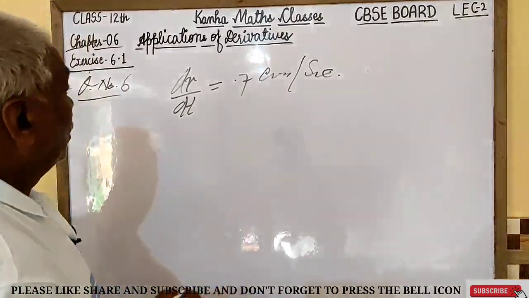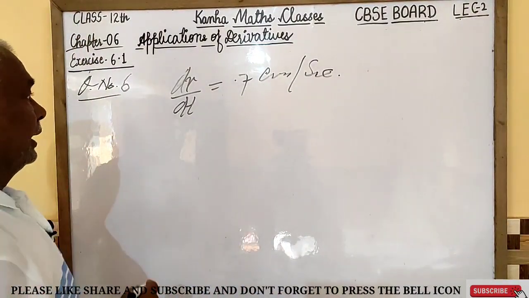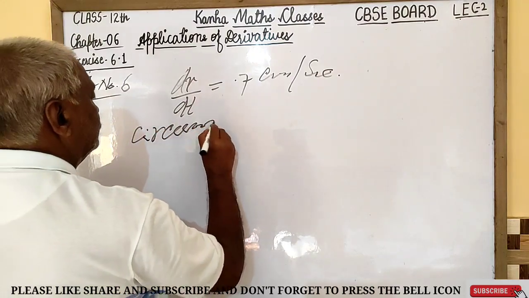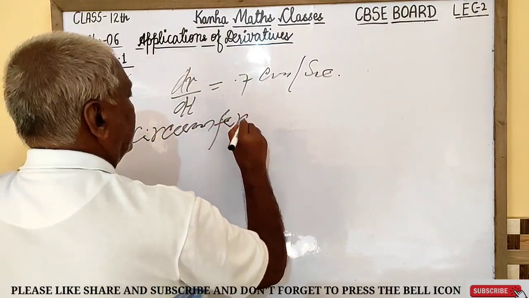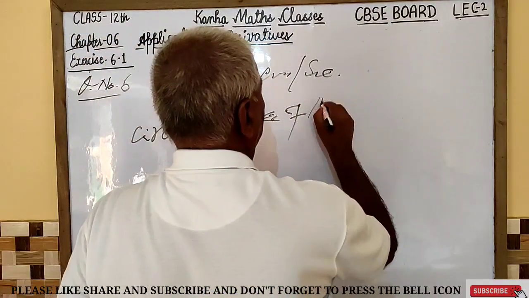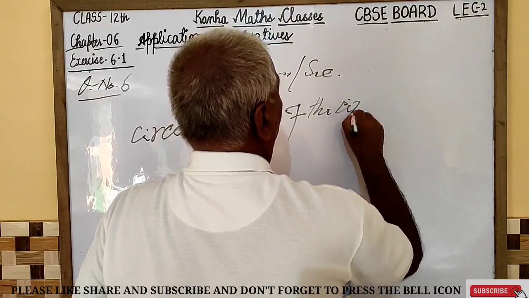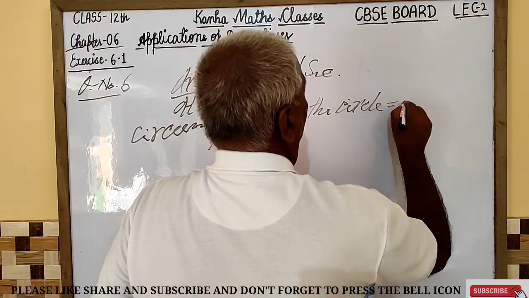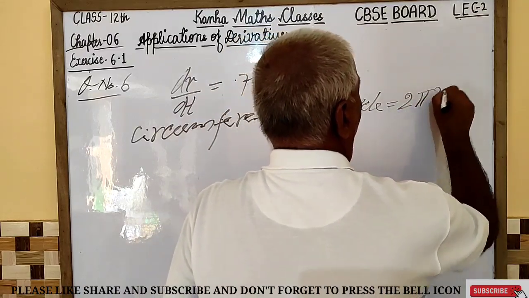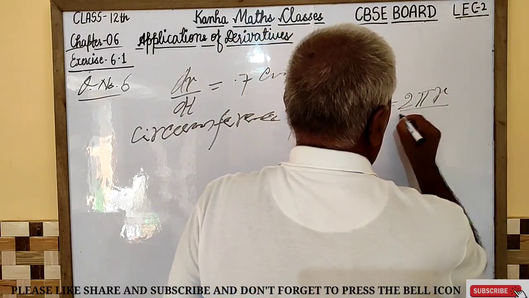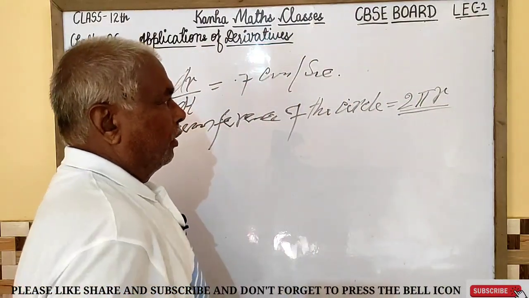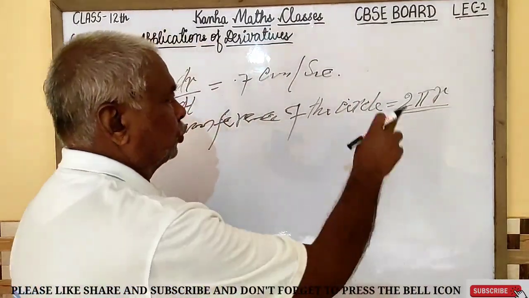So you know the circumference of the circle of radius r is equal to 2 pi r.